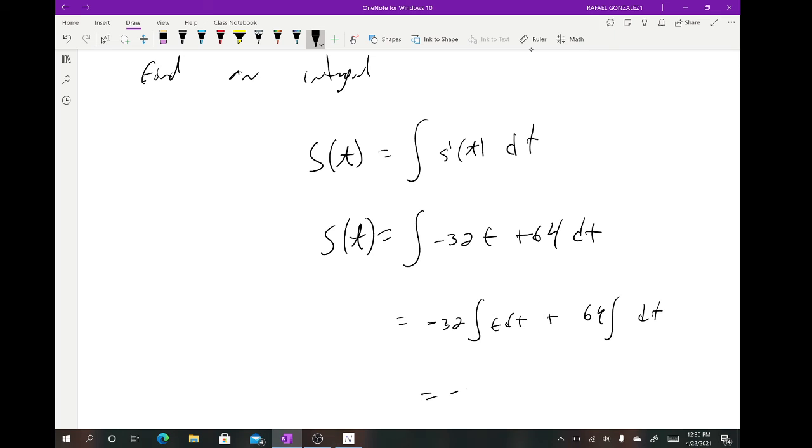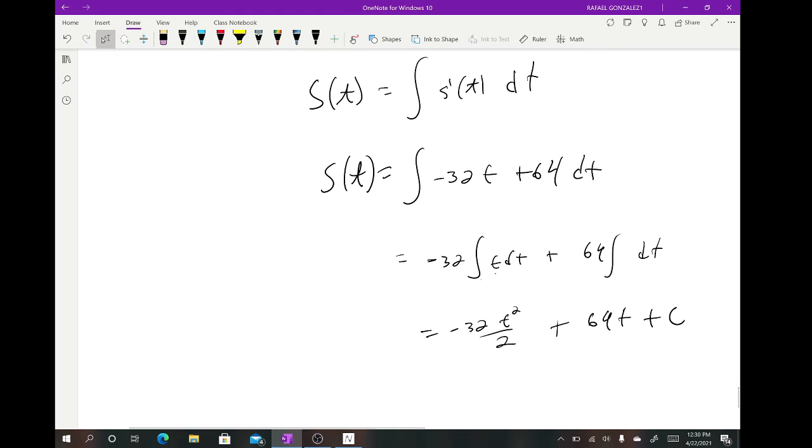So this is equal to negative 32, and remember, the antiderivative of t is t squared divided by 2, plus 64t plus c. Because remember, the integral of 1 is just going to be t plus c, so you multiply the 64 times t. Now, negative 32 divided by 2, I believe that's negative 16 t squared plus 64t plus c.